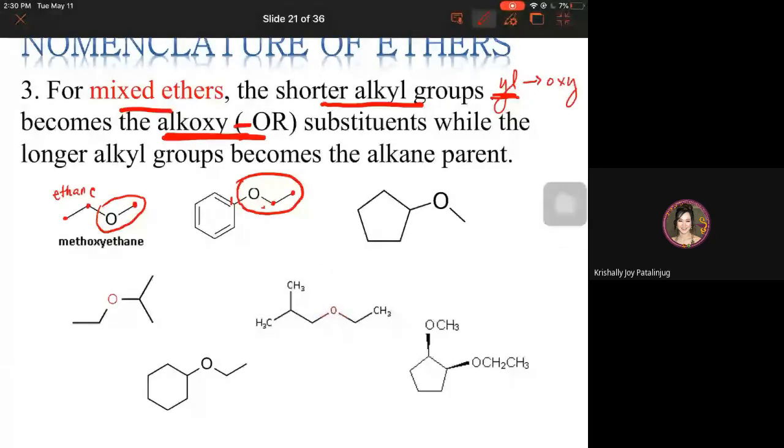Ethoxy. You can number it, but by the rules, if there is only one substituent on a cyclic ring, you can leave it unindicated. Automatically, ethoxybenzene. There is only one substituent on the benzene, so wherever you place it, it is still ethoxybenzene.